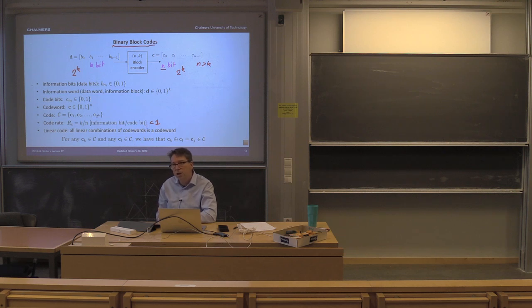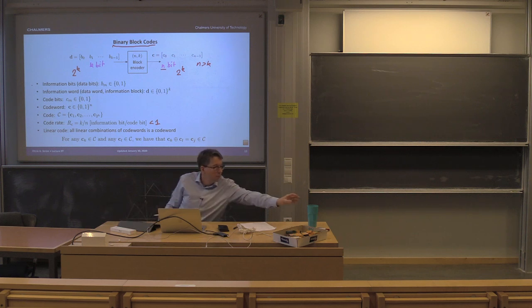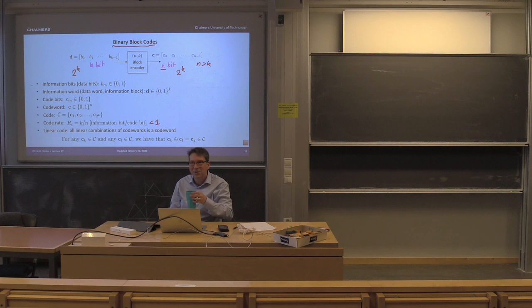The code rate also tells us a little bit of the efficiency of this code, because of course the extra bits we add are more bits that we need to transmit, and that's going to cost in power or bandwidth or a combination of these two things. So for efficiency reasons, do we want a high code rate or a low code rate? Here I actually will wait for an answer.